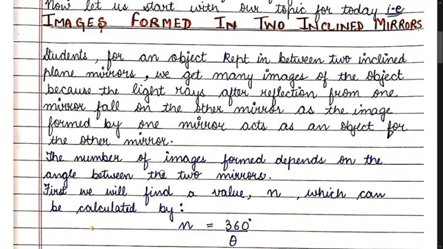Students, for an object kept in between two inclined plane mirrors, we get many images of the object because the light rays after reflection from one mirror fall on the other mirror, as the image formed by one mirror acts as an object for the other mirror.